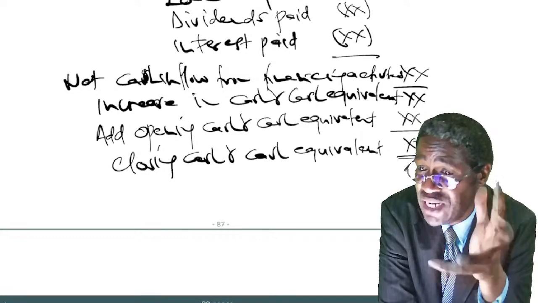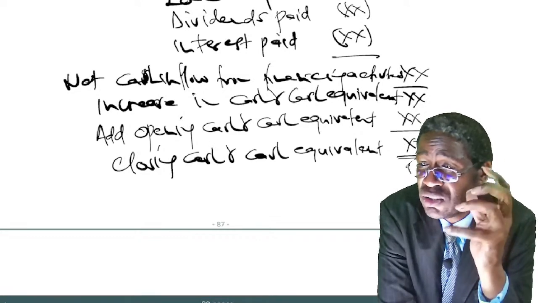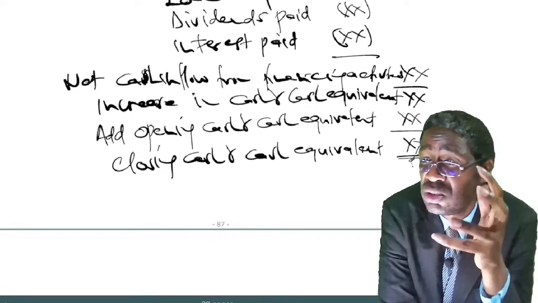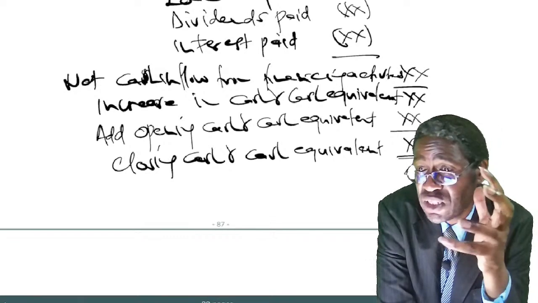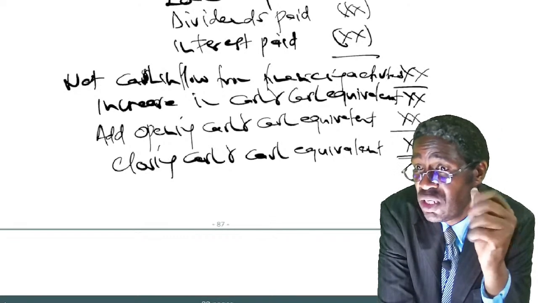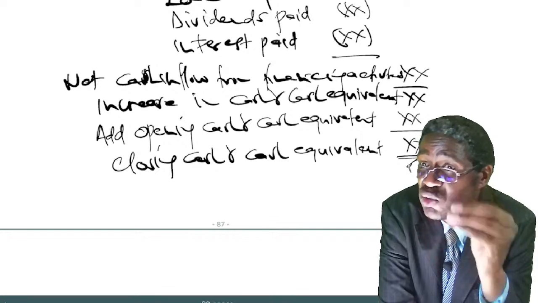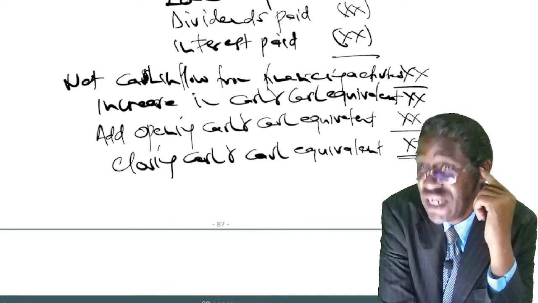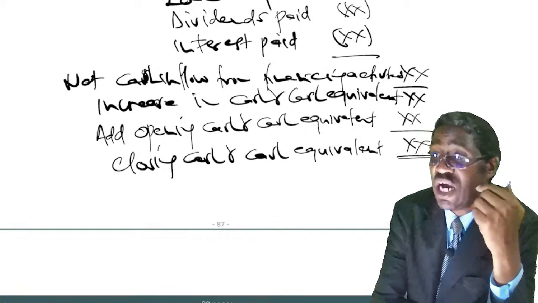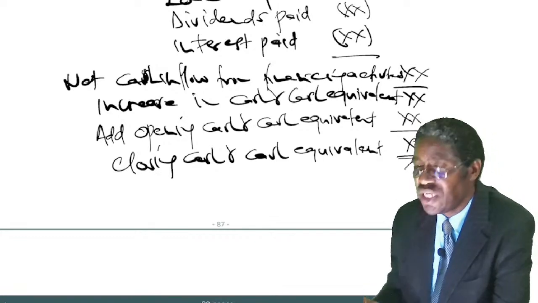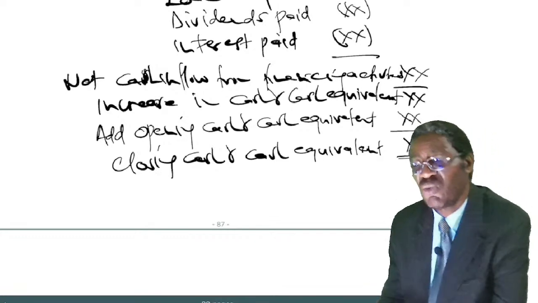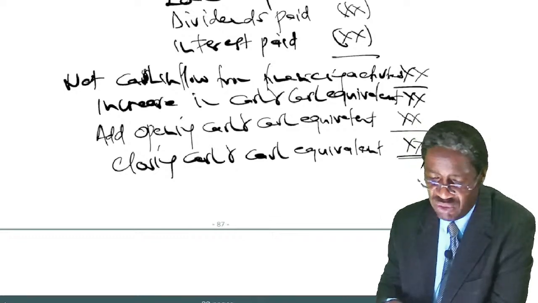I'll develop them later. But that is the general concept of a cash flow. Otherwise, there are some other details we shall be talking about in our next class. Maybe for now, we can stop there. We pick it up from there next time, where now we shall continue from there.